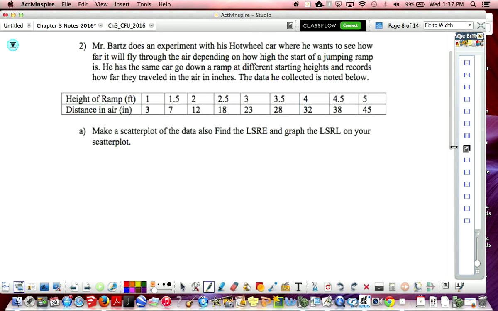In letter A, we have 3 things to do. It asks us to make a scatter plot of the data. It asks us to find the LSRE, which stands for least squares regression equation, and then the LSRL, the least squares regression line.